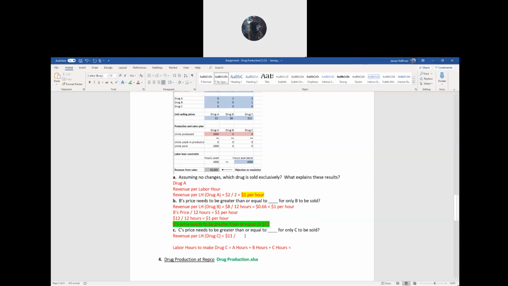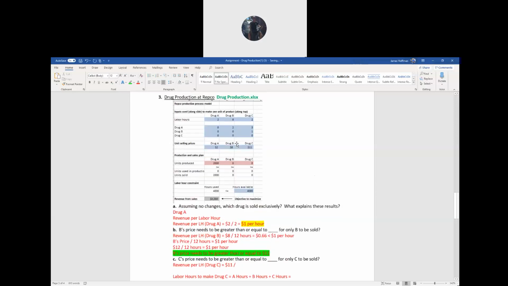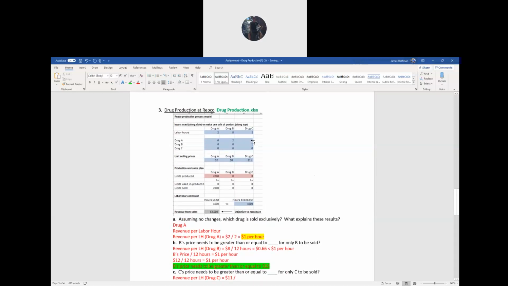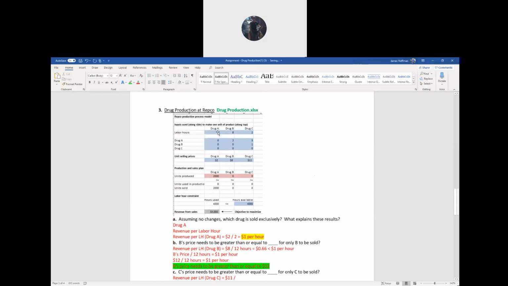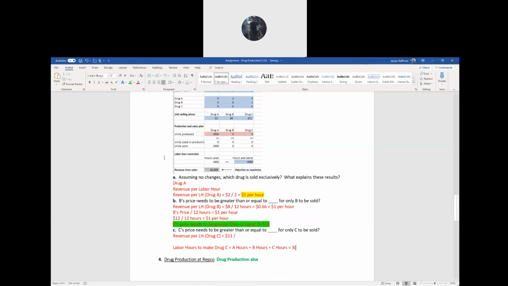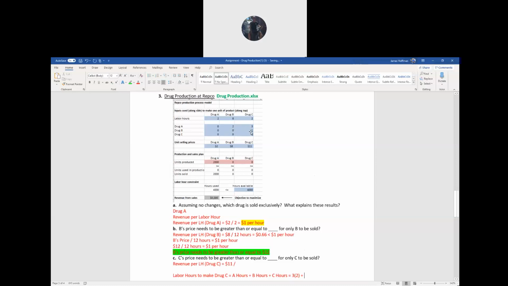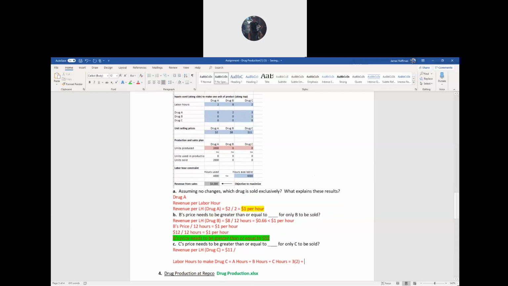Okay, so if you start with just drug A, you need 3 A's, and those each take 2 hours. And how many drug B's you need? 1. And we determined before that drug B takes 12 hours.